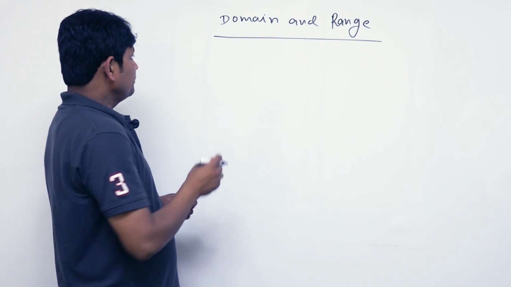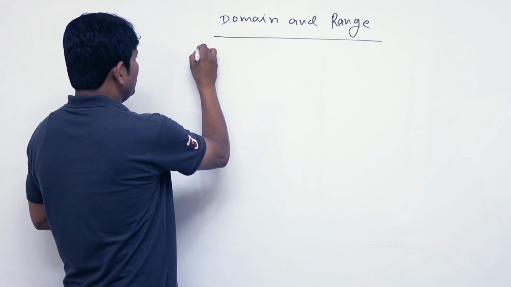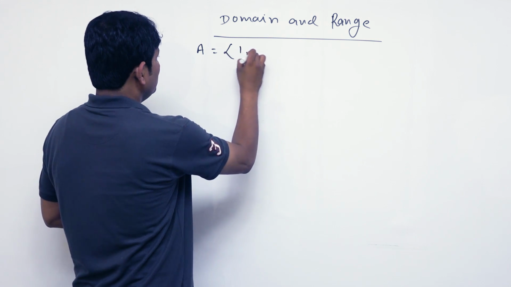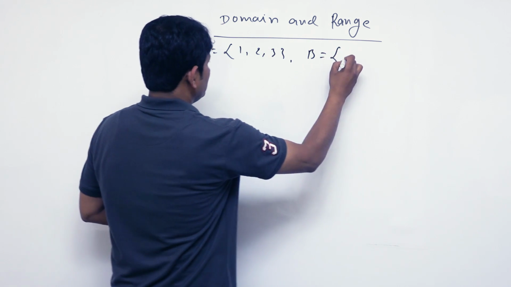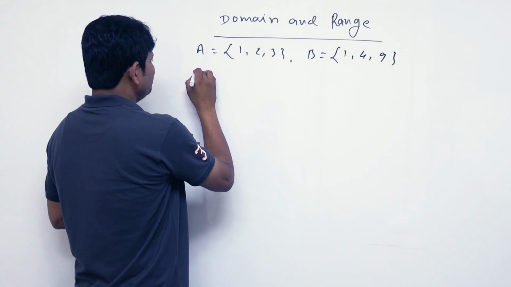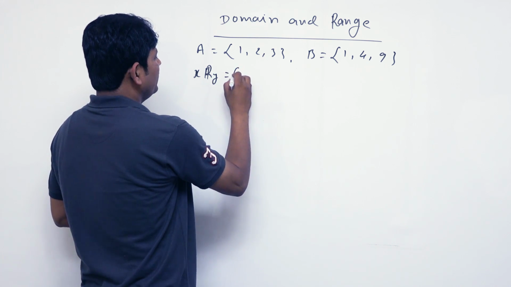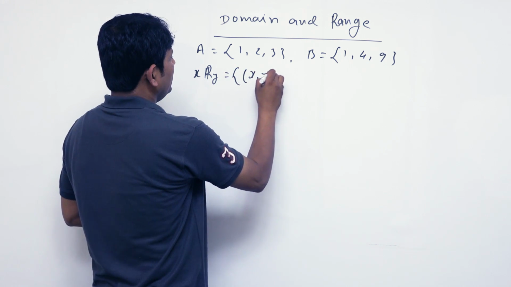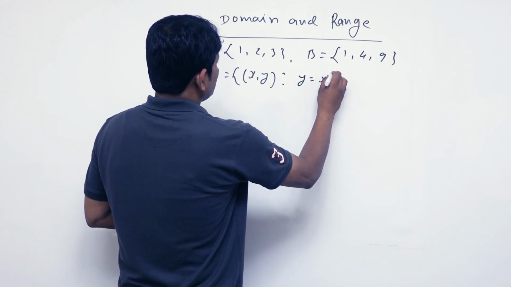So first of all, I will take the same example first. I will show you A, this is 1, 2 and 3, and B there is 1, 4 and 9. So relation x is related with y is written as (x, y), such that y is equal to x square.